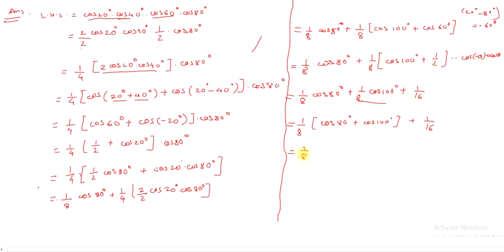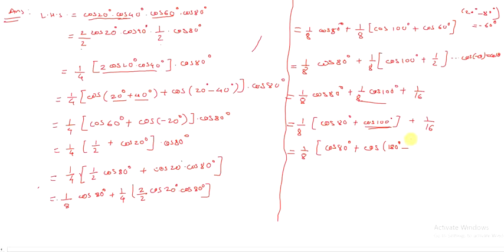Now 1 by 8 inside the bracket cos 80 degree plus, and this cos 100 degree can be written as cos of pi minus theta, that is 180 degree minus theta.